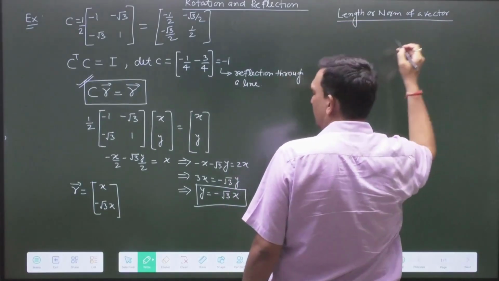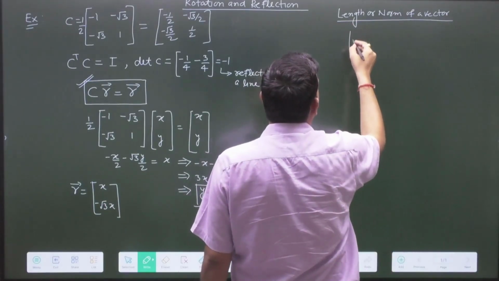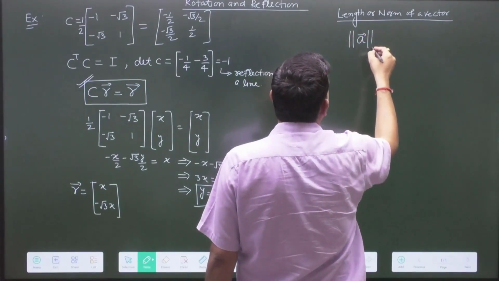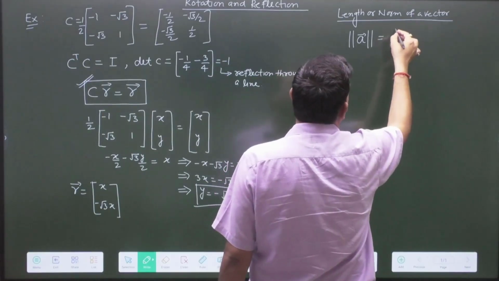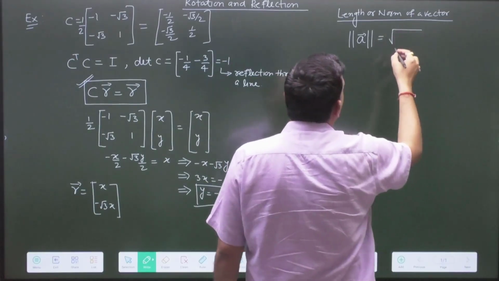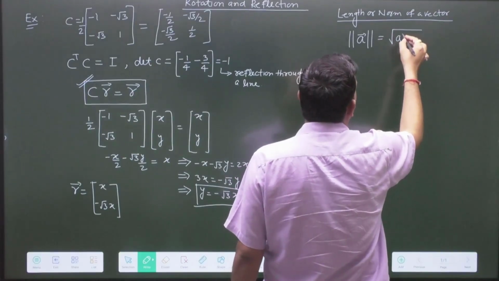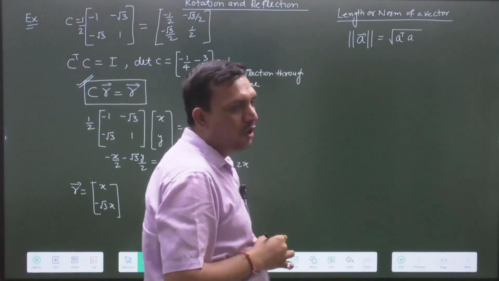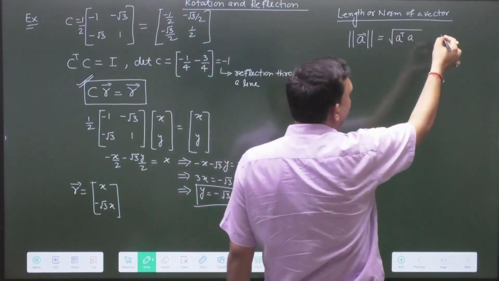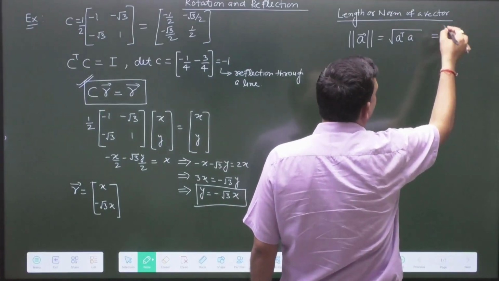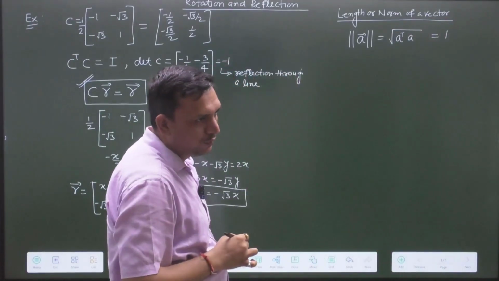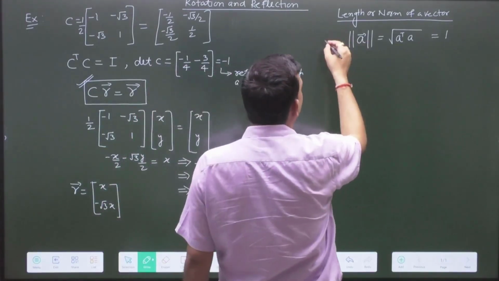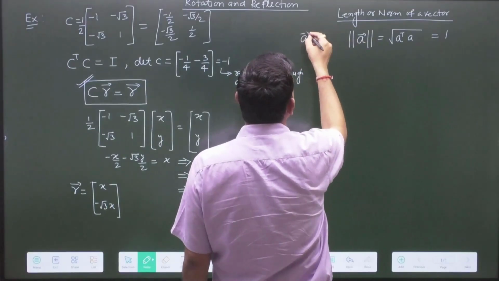In general, if you have any vector A, and I am taking it as a column vector, then if A is real, the norm is given by A transpose A. This defines the length or norm of a vector. For a unit vector, this length or norm should be 1. This is when A is real.